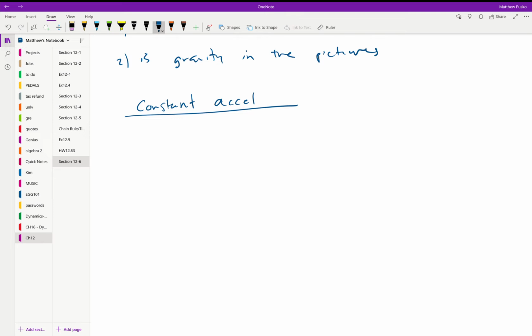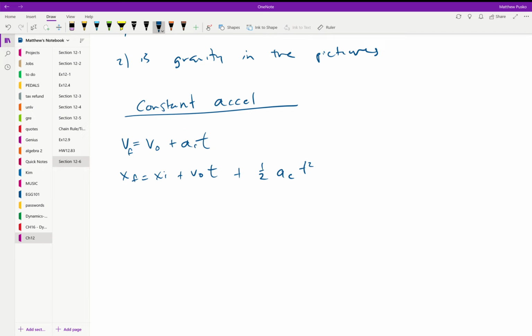Our generic equations are that the final velocity is equal to v naught plus the constant acceleration times time. We also had that x final is equal to x initial, or x naught, plus v naught times time, plus 1/2 the acceleration times time squared.